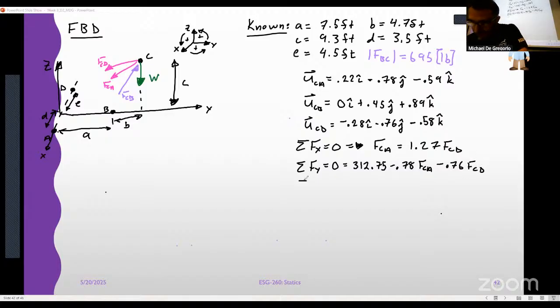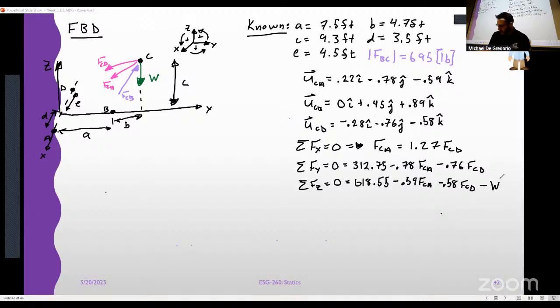And then the sum of the forces in the z direction is going to be 618.55 minus 0.59 FCA minus 0.58 FCD minus W. Okay.